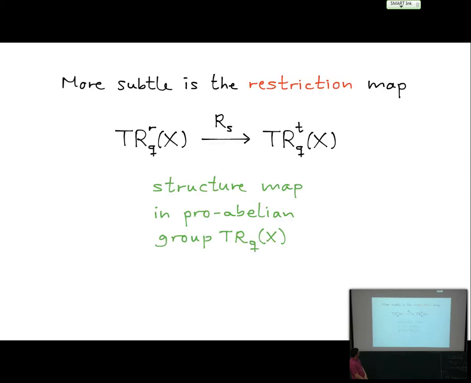But then there's also this other map called the restriction map. And this is more difficult to define, but it comes from, as Connes pointed out in his lecture, this fact that if you smash a spectrum with itself and take the fixed set, then there's a map from this back to X, which is something you don't have if you have the tensor product here.